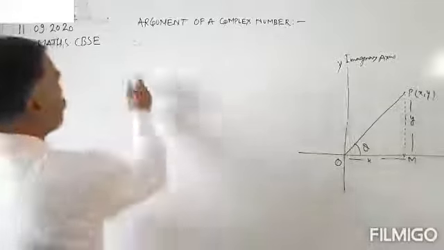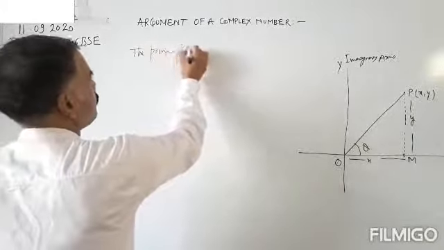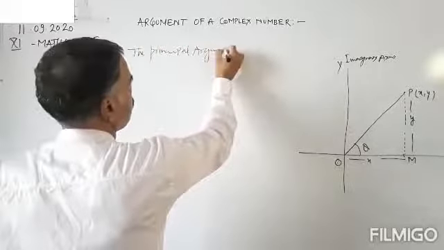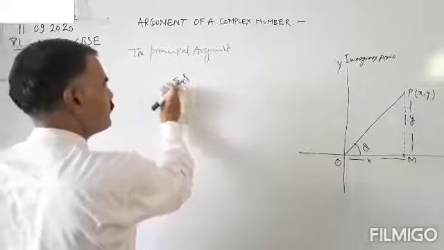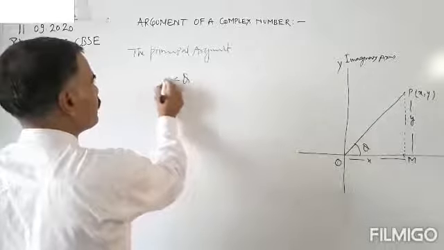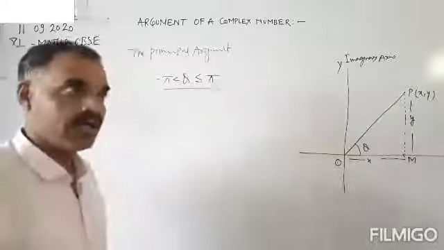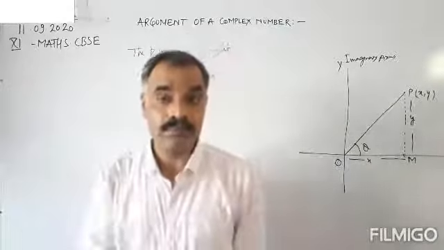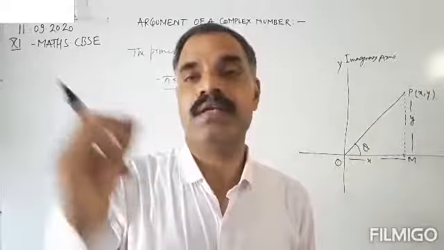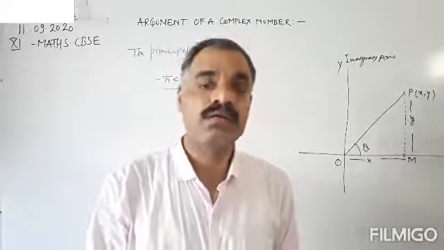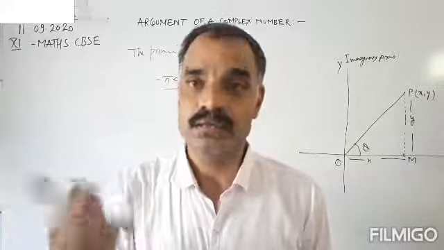The principal argument theta always lies between, it is greater than minus pi and less than or equal to pi. So the argument or the amplitude theta which lies between minus pi and plus pi is called the principal argument or the principal amplitude.